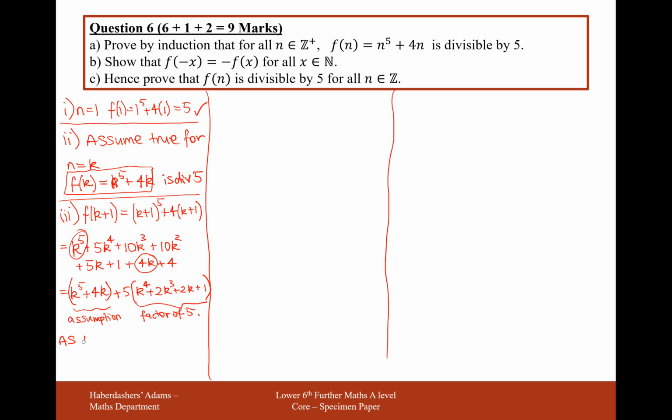So as the summation of two multiples of 5 will also be a multiple of 5, f of k plus 1 is divisible by 5.